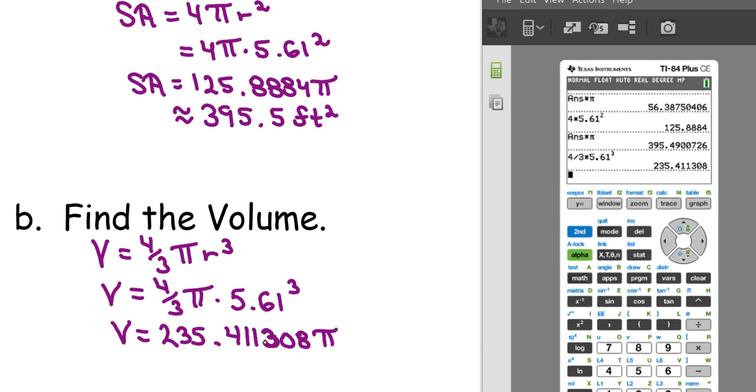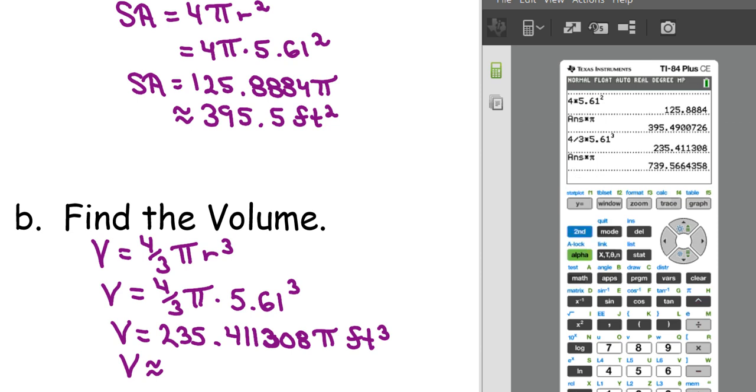Okay, and the label on that would be cubic feet since it's volume. And then we can approximate that to finish off the worksheet. So multiply it by pi, and we get 739.6 cubic feet.